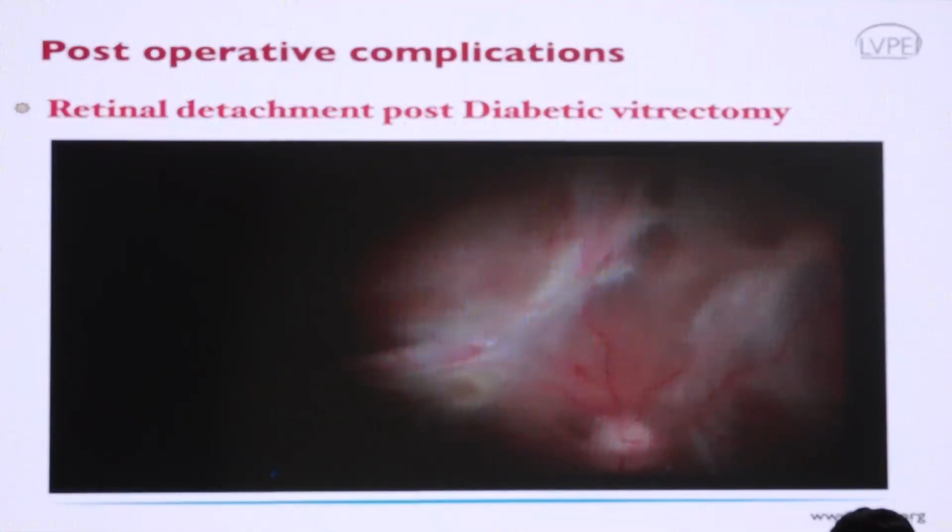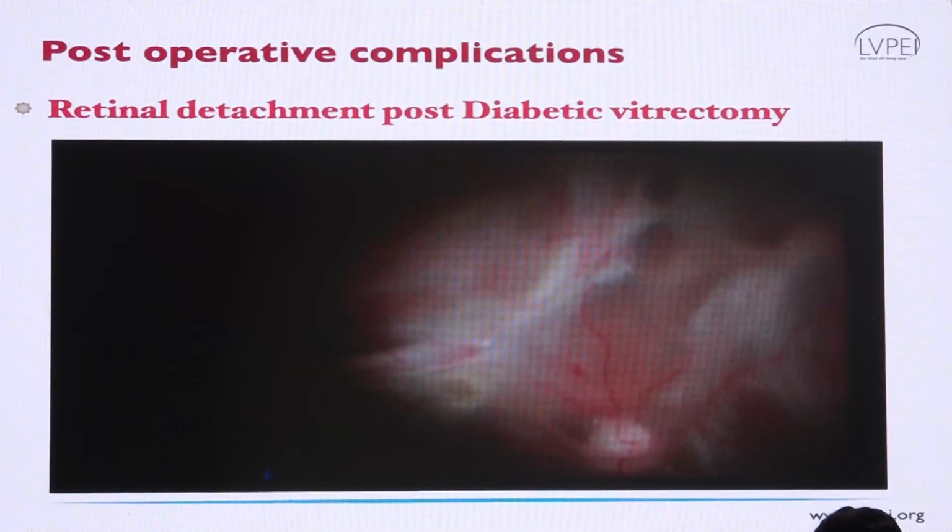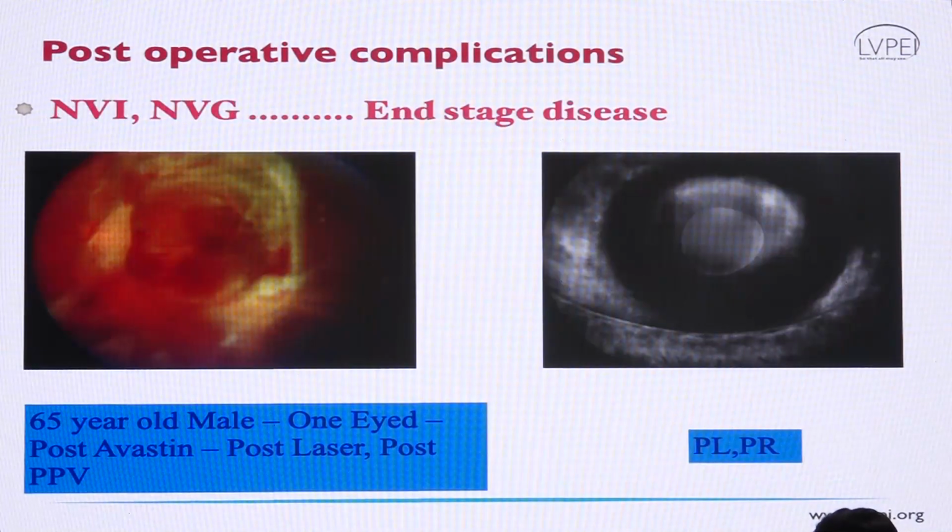About the disc bleed, I think that is one of the most dreaded complications. You try whatever, like you increase your bottle height, you stop for some time, still the bleed does not stop. Ritesh has also shown he has used glue over the optic disc, or some people use triamcinolone over the optic disc. What you can do is raise your bottle height more than the diastolic pressure at that time if the bleed is not stopping.